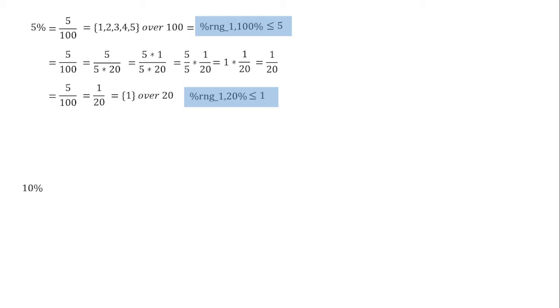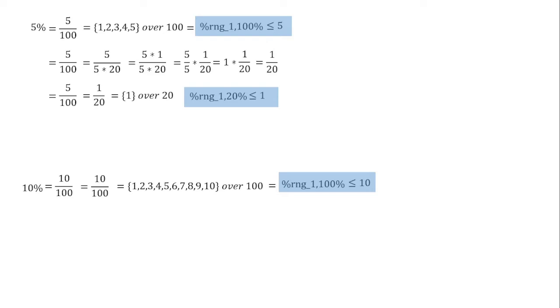If we would like to have 10%, for example, that means 10 over 100. 10 over 100 is equal to 10 numbers over 100 numbers. In terms of placeholder, it means RNG between 1 and 100 inferior or equal than 10.